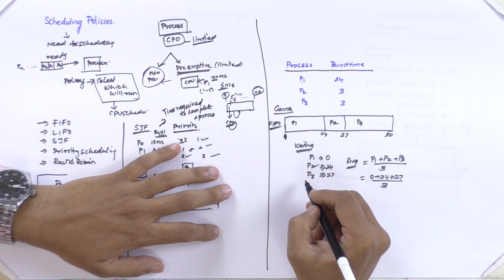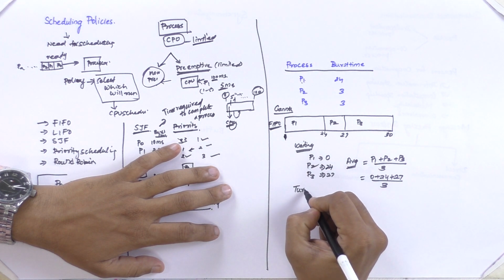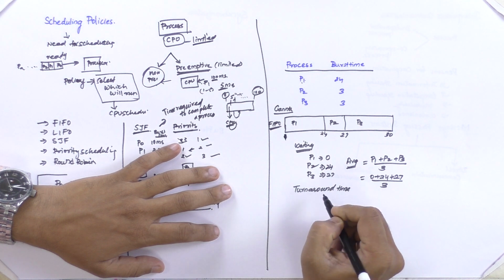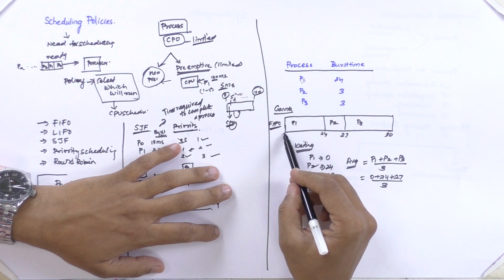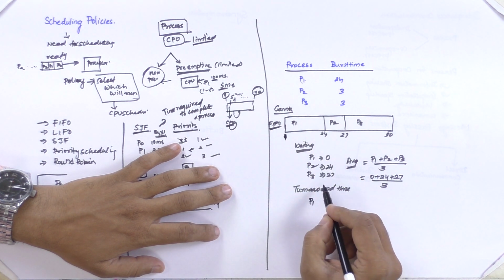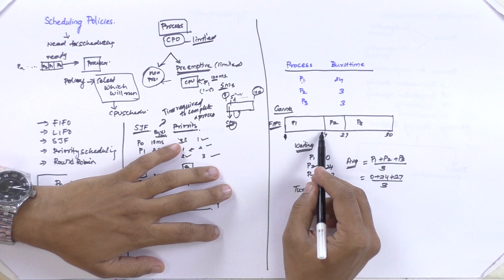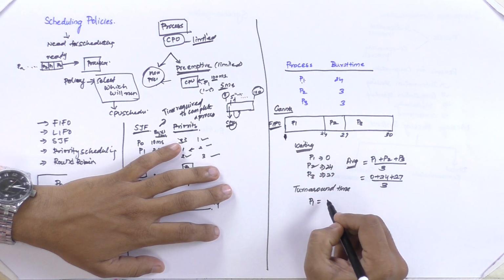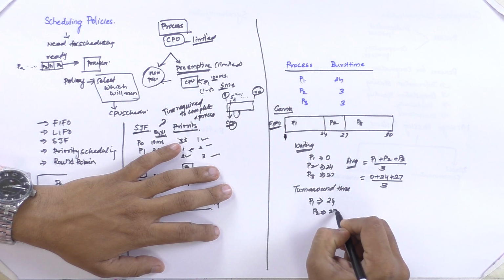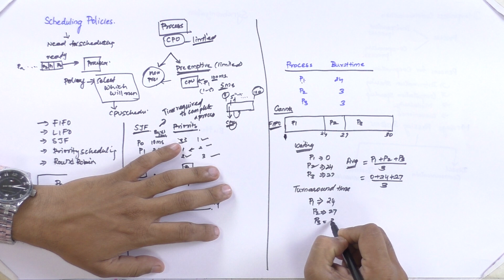Then the next one is turnaround time. So what is turnaround time? It is the time at which the process gets completed. The turnaround time for P1 is 24, P2 is 27 and P3 is 30.